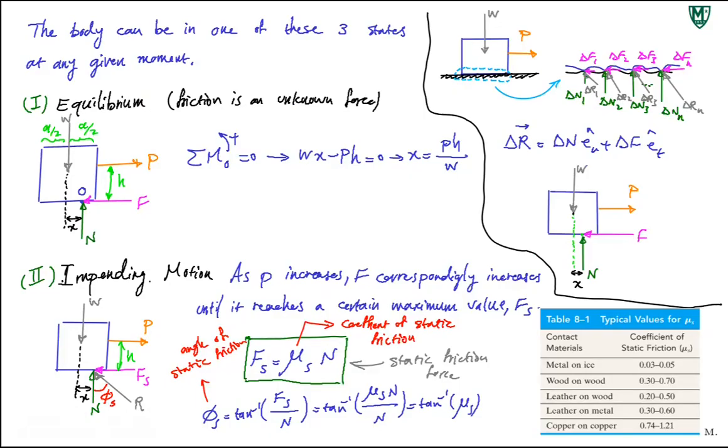So whichever the motion or possible motion is going to be, or whichever direction the motion is, friction is in the opposite direction when you draw the free body diagram for a system and you want to take into account the friction. The magnitude really depends on the state of your rigid body. Three possible states. It can be in equilibrium, meaning that the object is not moving, so whatever force you're applying is not enough to overcome friction to make that motion happen.